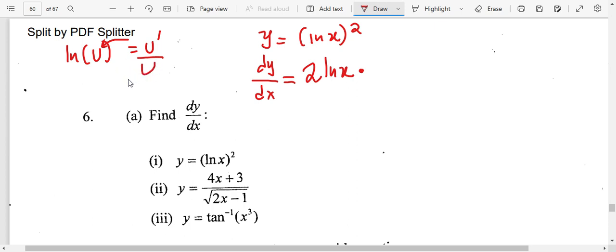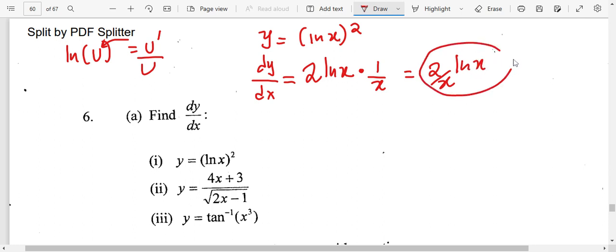That's how you differentiate natural logs. So this is going to be differentiate x, that will be 1, and then divide by the same x. Okay, so the answer will just be 2 over x natural log of x. This is the answer. Are we good?